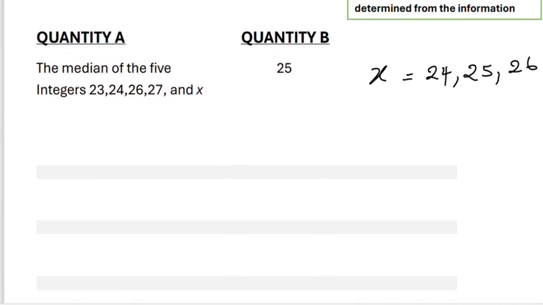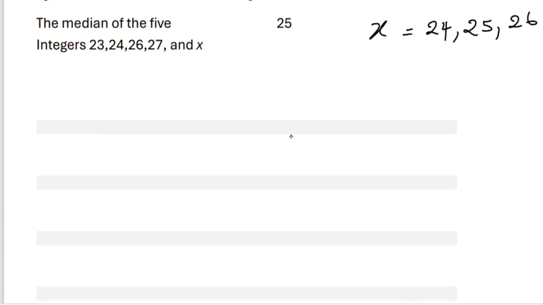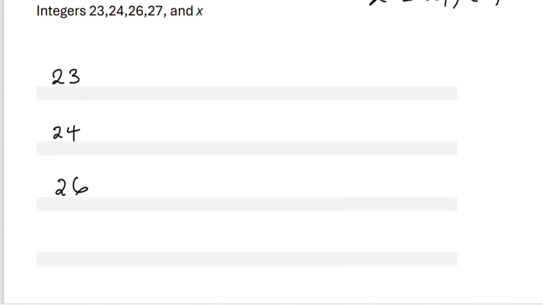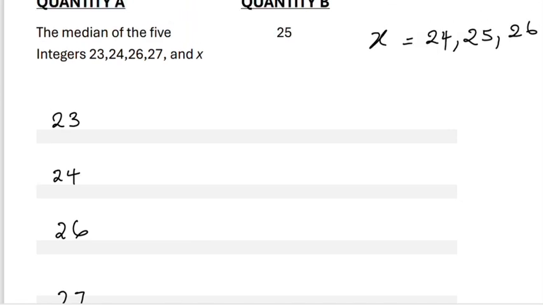So let me write this out this way. The quantities in A, we have 23, we have 24, we have 26 and we have 27. We don't know where to fix x, and this is in ascending order. So let's take the different values of x.